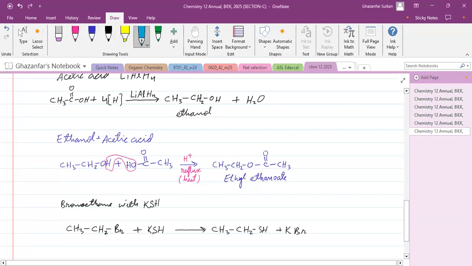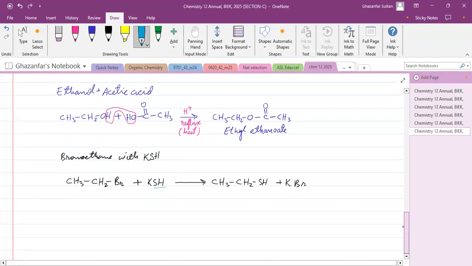Remember that this ion is called bisulfide ion or hydrosulfide ion. Means what is SH?